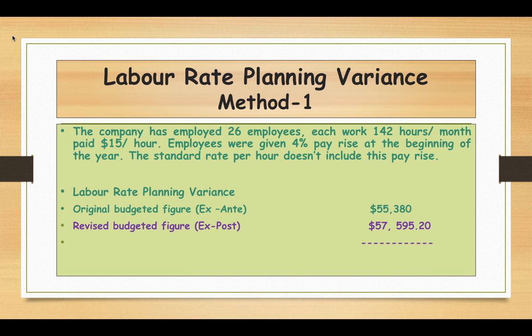I'll quickly repeat the ex post figure: 142 hours, 26 employees, times $15, but we have to include that 4% pay rise, so times 1.04. So you will get $57,595.20. So the labor rate planning variance under method 1 is $2,215.20 adverse.